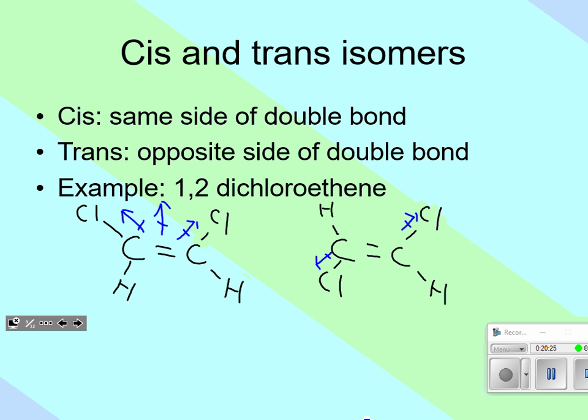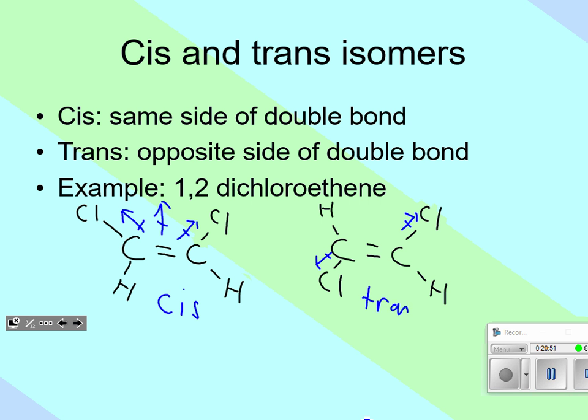And what I mean by that is on this first example on the left, both chlorines are going in the same direction off that double bond. We okay with that statement? They're both going up? Same means cis. In the second example, the chlorines are going in opposite directions.